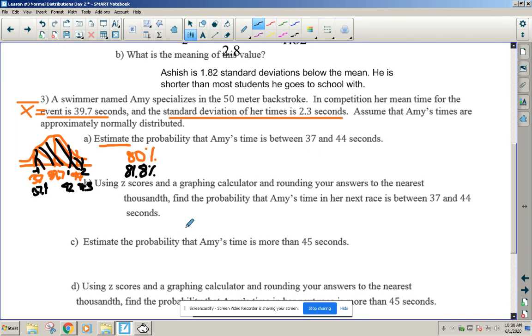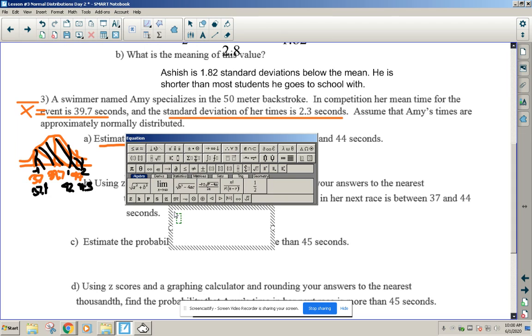But now they say use the z-score, and they want us to find the actual work with the z-scores and what the actual z-scores are. So let's find the z-score of the lower.